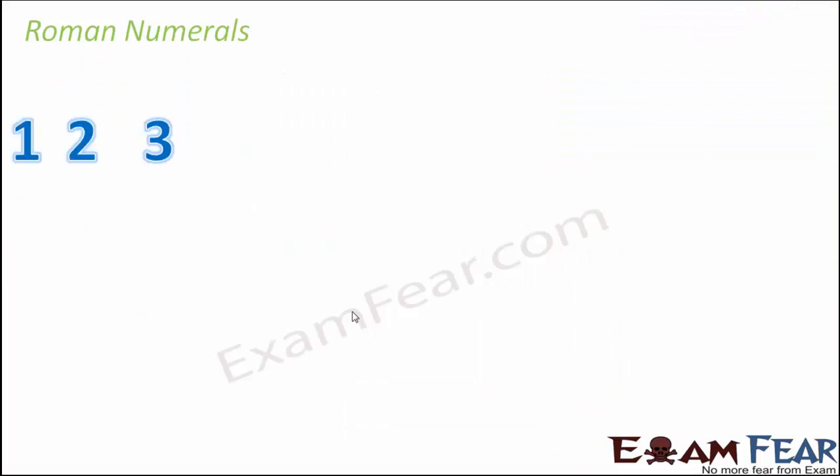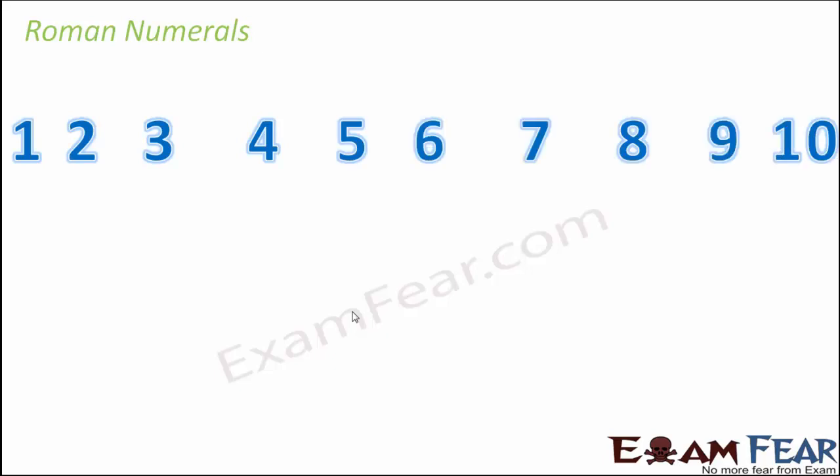Now these numbers 1, 2, 3, 4, 5, 6, 7, 8, all these that we study are the Hindu-Arabic system. But one of the early systems of writing numbers was the Roman system.